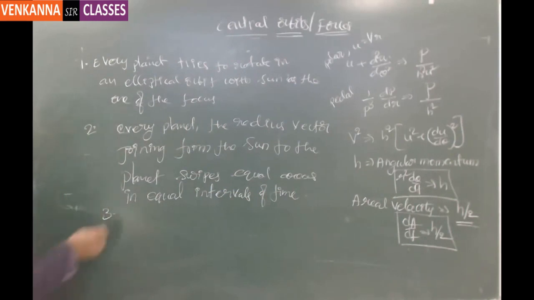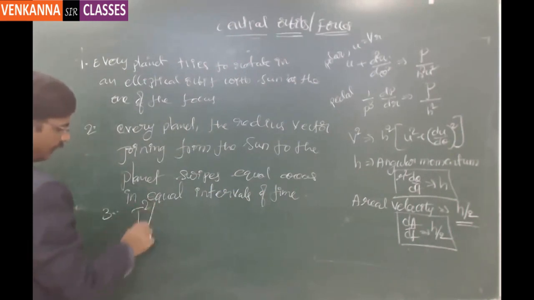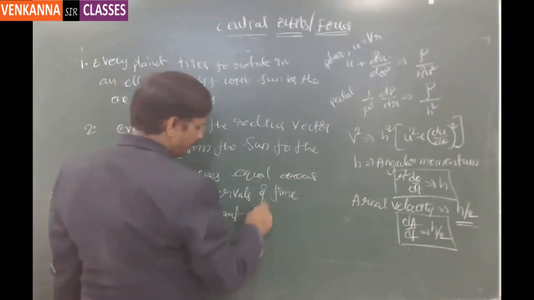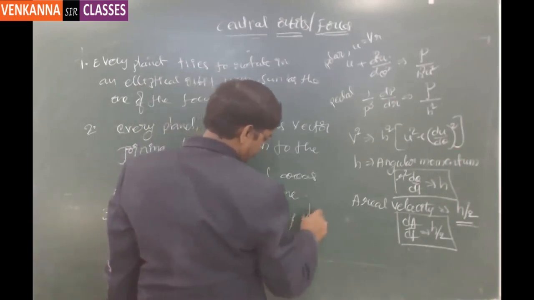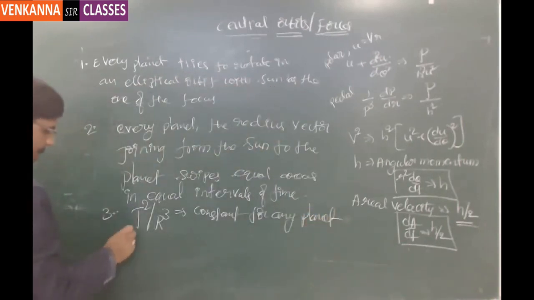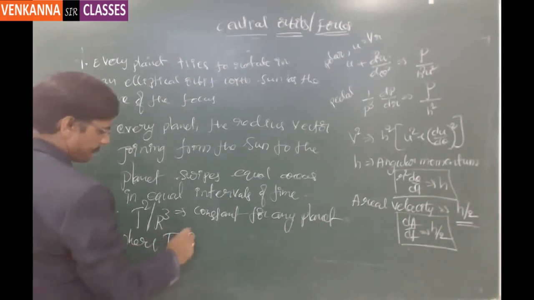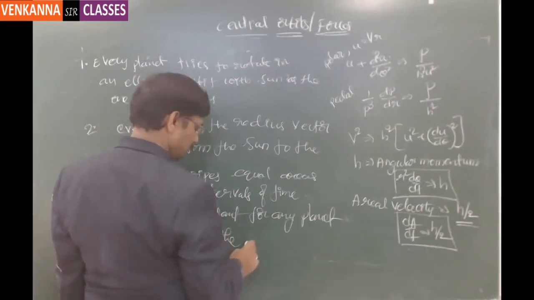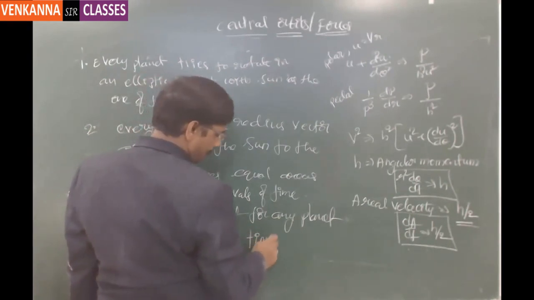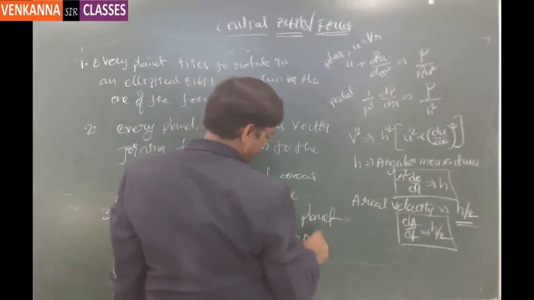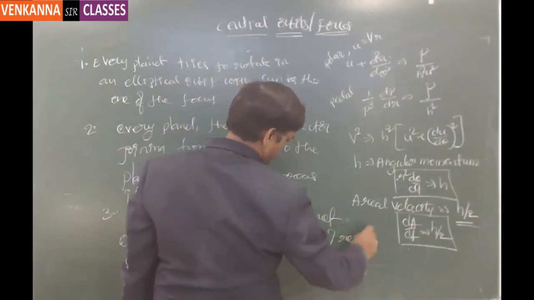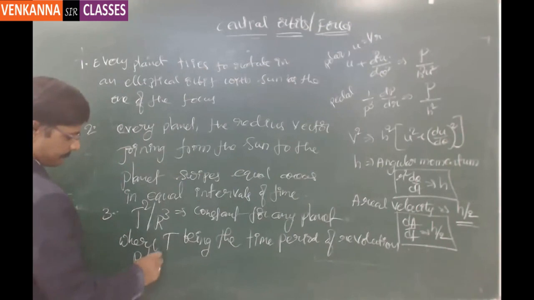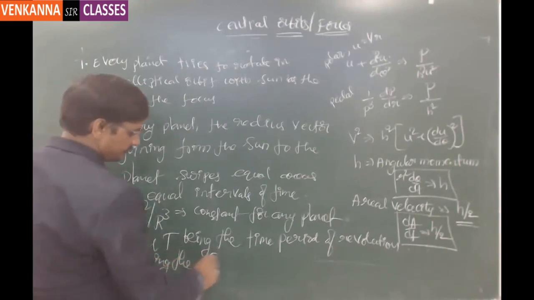And the third one is T square by R cube is always constant for any planet, where T is the time period of revolution and R is the semi-major axis length.